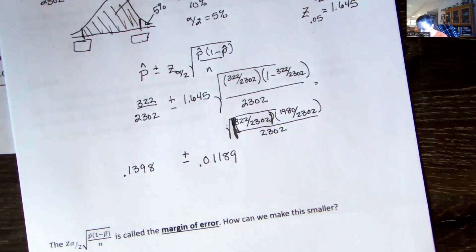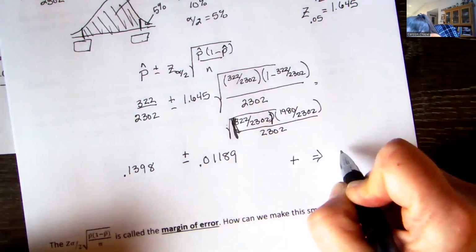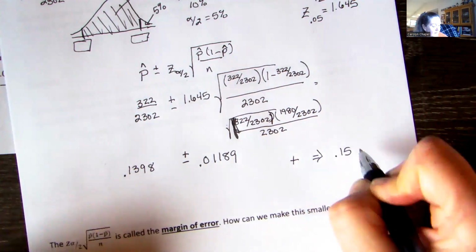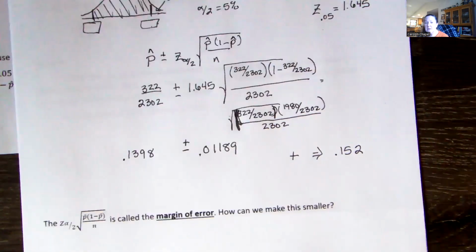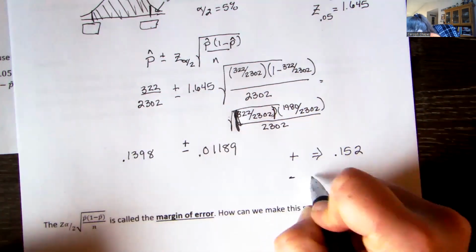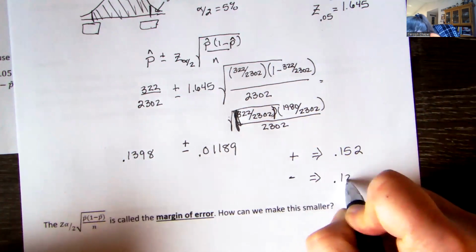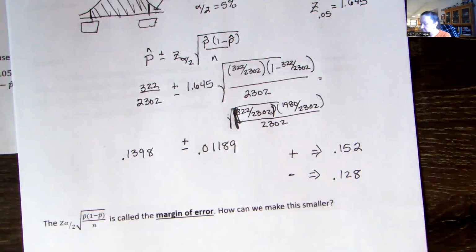So if I add the two, adding is going to lead to my 0.152, and I'll go to 3 decimals. If I subtract, I get 0.128 if I go to 3 decimals.